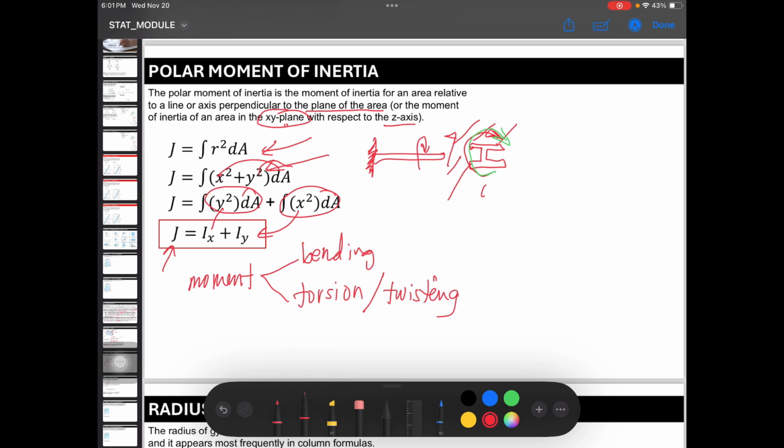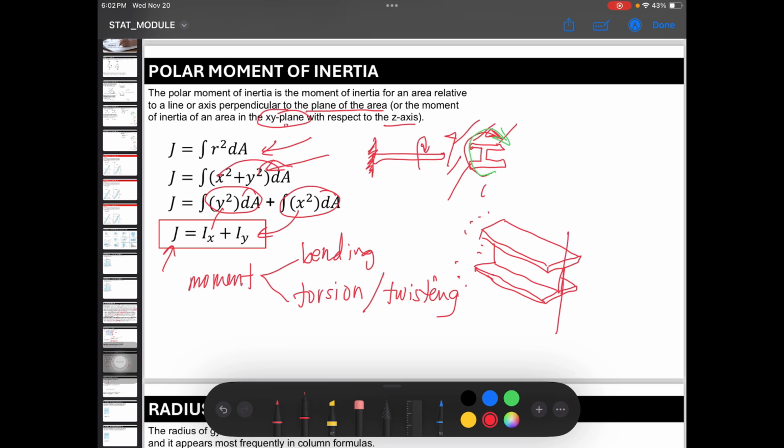Tingnan natin siya sa 3D para mas makita. Di ba, meron tayong section. Ang mga section natin, meron silang x and y axis. Then, fix siya doon.